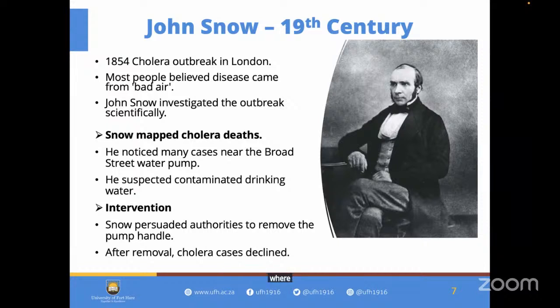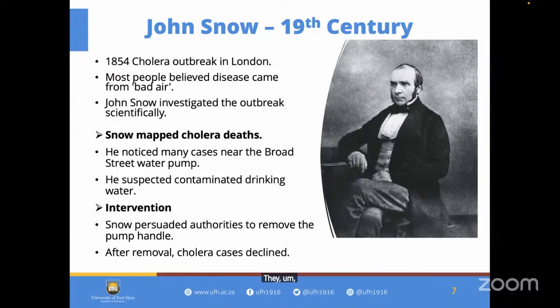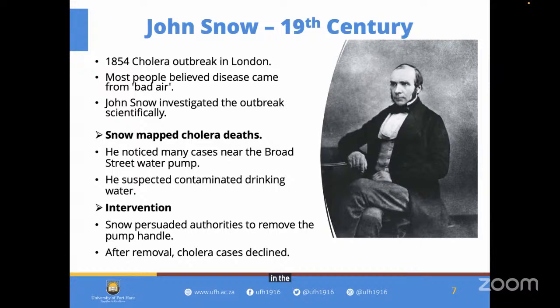So it was the people who were living in the Broad Street, and then talking about the application of EPI, which was the major thing I spoke about. The application of its epidemiological strength here was telling the government to remove the handle of the pump and replace it, and then there was a decline in the disease and the death from cholera.